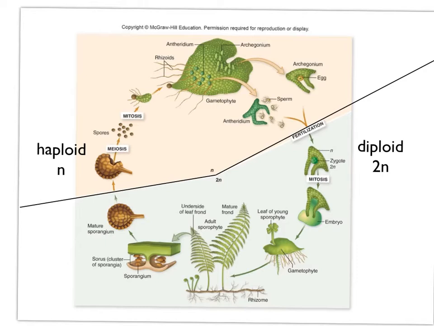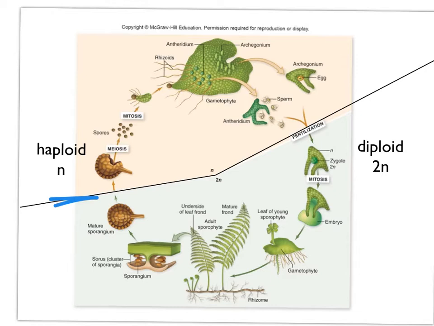So here we go. We'll start, let's see, right there. We have these spores that are made in the mature sporangium, which are underneath, let's say, we've got a fern, and they produce 1N spores, in other words, haploid spores. And then those undergo mitosis, so there's a lot of them.